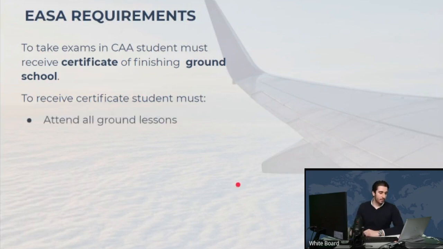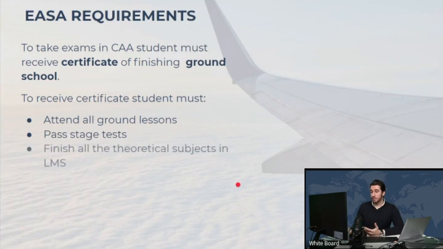Now, in order for the student to receive this ground school certificate, he needs to attend all ground lessons, pass stage tests, very important, finish all the theoretical subjects in the LMS, the learning management system, which we will see later how it works, for those of you who didn't open it yet.